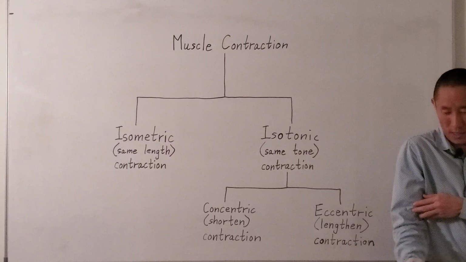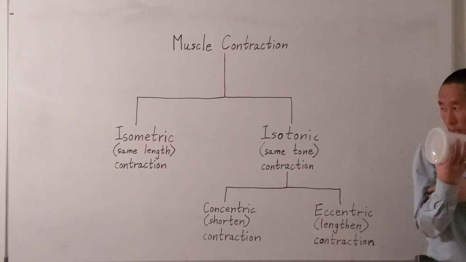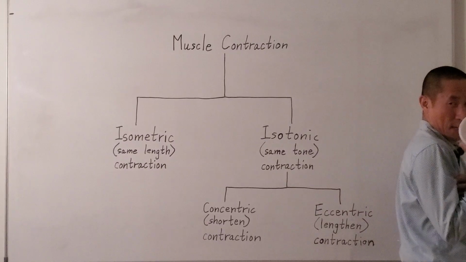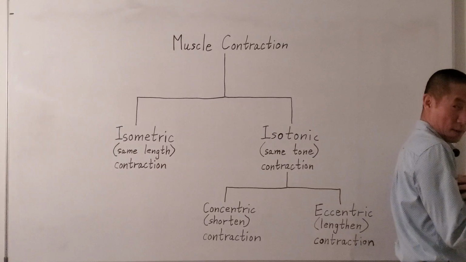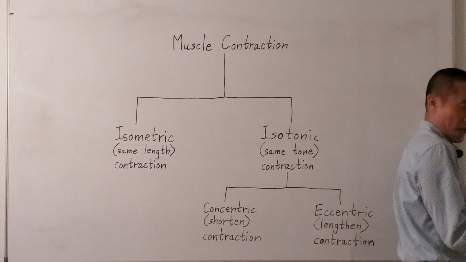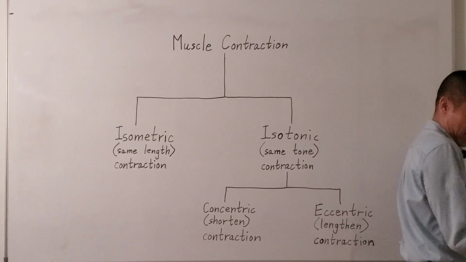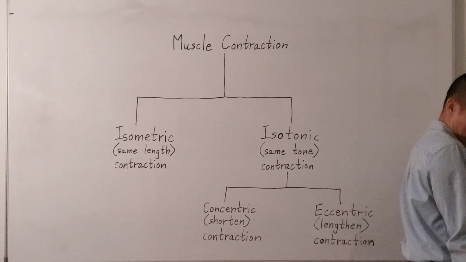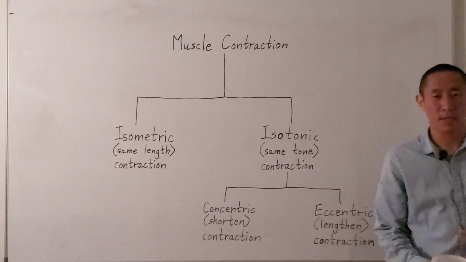As we are lifting this plastic container up, we are doing concentric contraction. As we are letting this heavy weight down, the bicep is doing eccentric contraction.